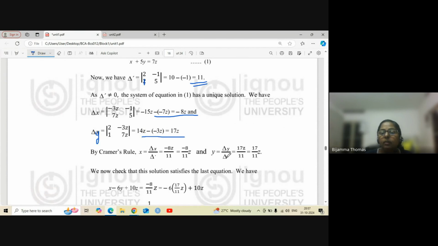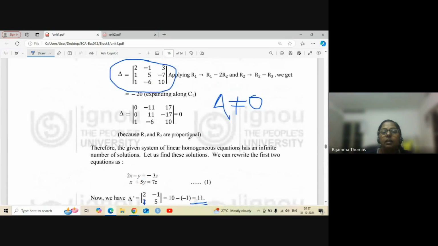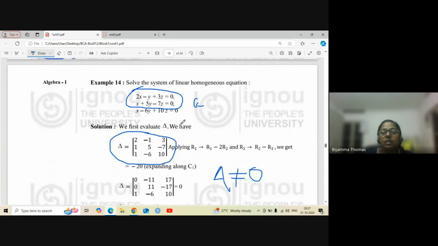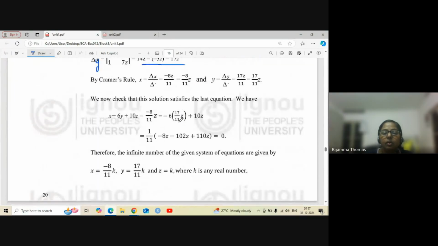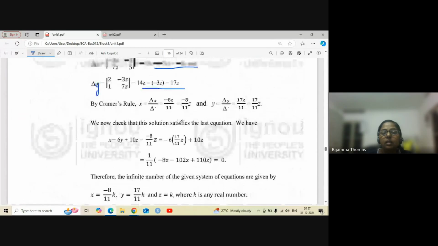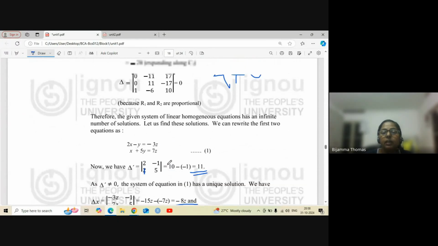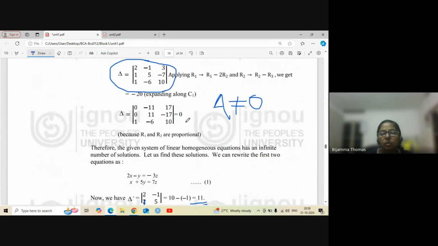Now we have to check whether these two values of x and y satisfy the third equation. So put x and y in the third equation. The left side will be equal to 0. So we have an infinite number of solutions. First identify that the delta value is equal to 0.